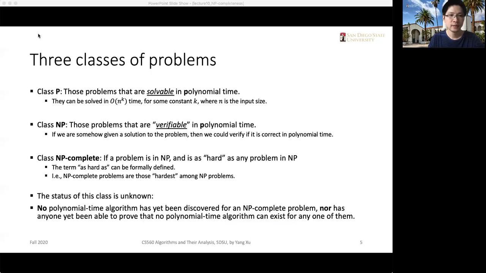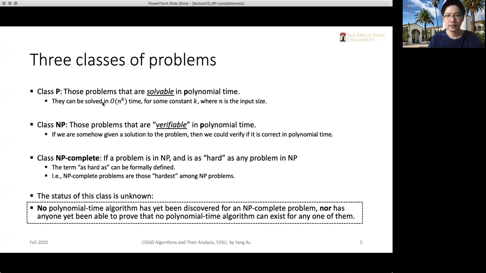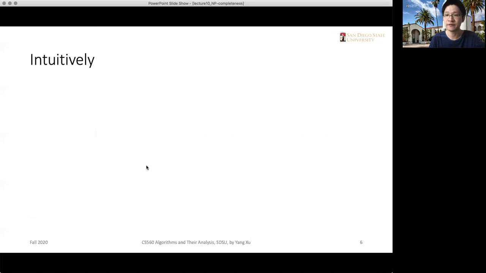Okay, so I think you can use this to help you memorize the current relationship between P, NP, and NP-completeness. There's some vagueness in the definition of NP-completeness at this point.